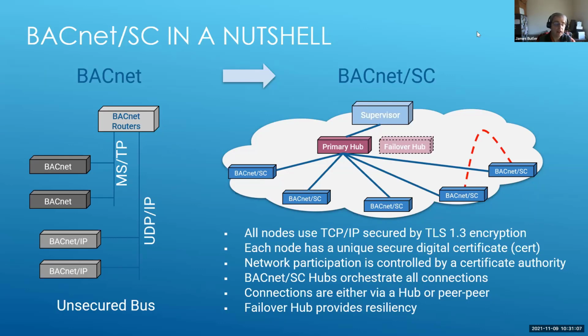Now, some building owners have taken the step of putting their BACnet IP networks in VLANs and also using VPNs for remote access primarily. That is one security method, and it's certainly a lot better than nothing.